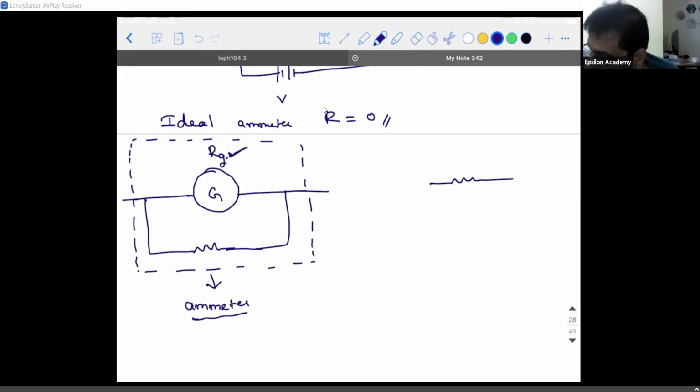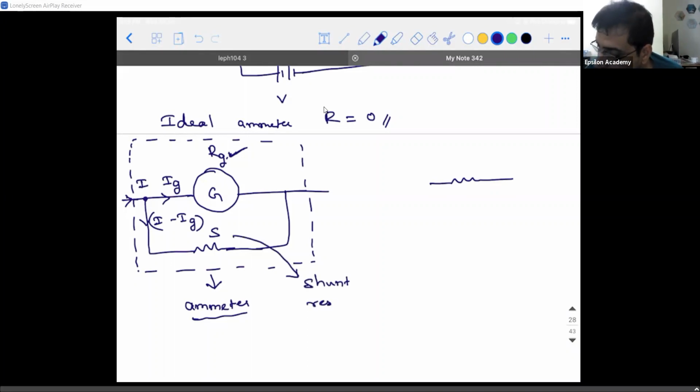Now, if I take the whole value of the current that the ammeter is supposed to measure as I, then at this junction the full scale deflection current Ig will flow through the galvanometer, and the remaining current I minus Ig will flow through the parallel resistor, which I will call S. There is a reason why I call it S, because this is called shunt resistance.